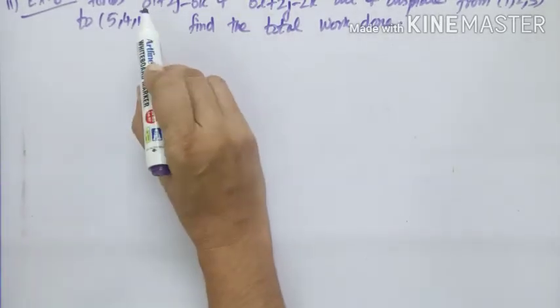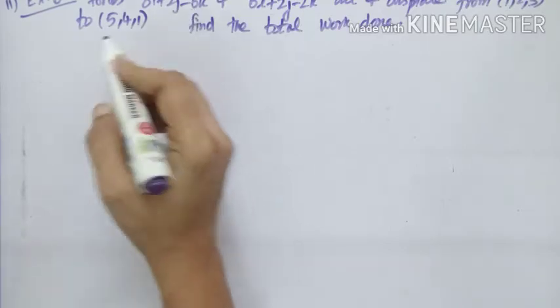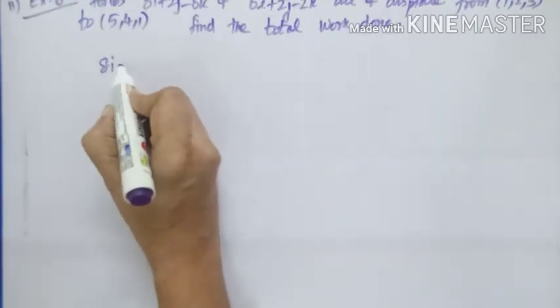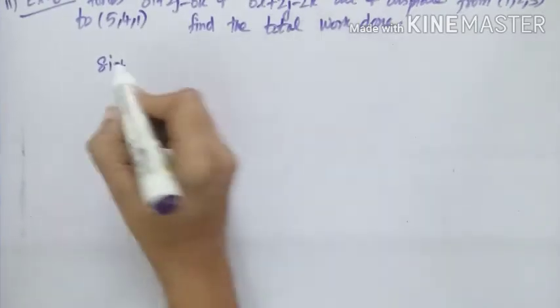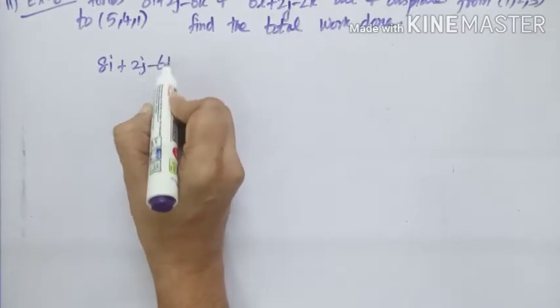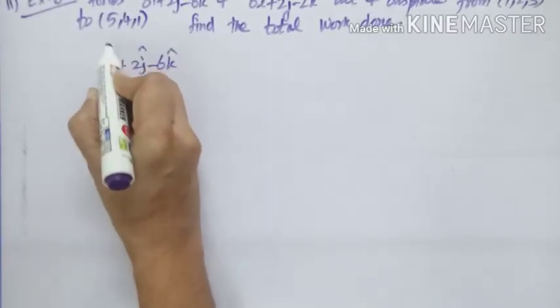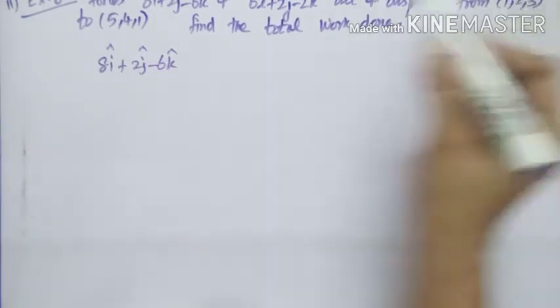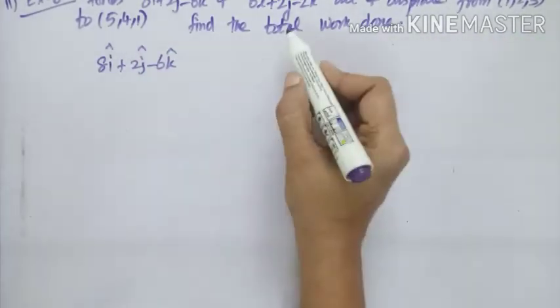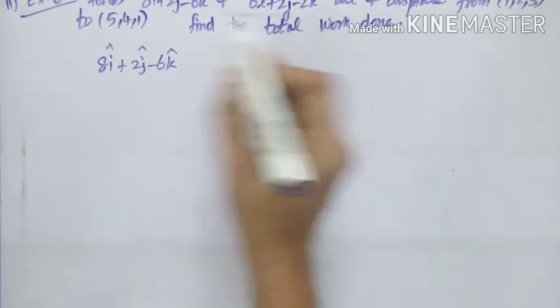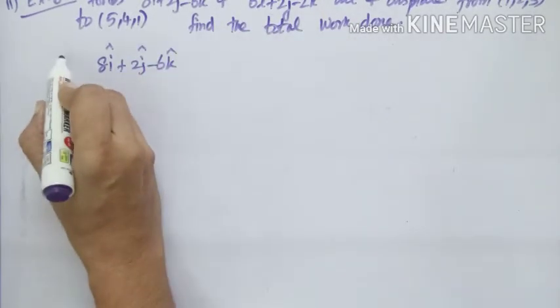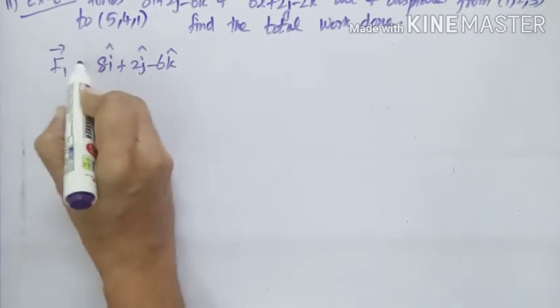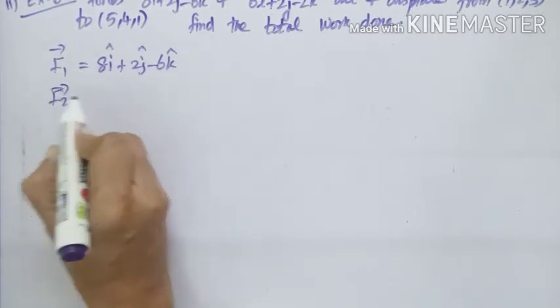Exercise 6.1, question number 11. Constant forces 8i plus 2j minus 6k and 6i plus 2j minus 2k are acting upon a particle and displace it from 1,2,3 to 5,4,1. We need to find the work done. How many forces are given? Two. Call the two forces F1 and F2.